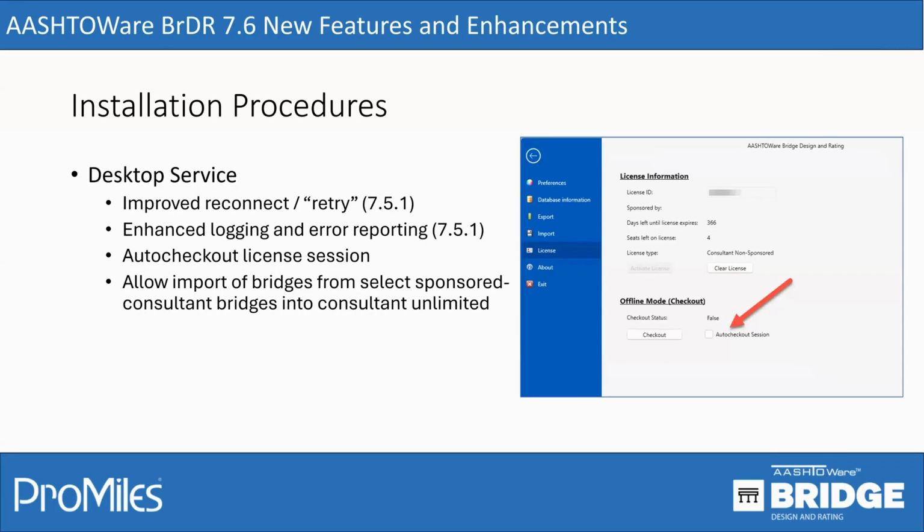We also have some improvements to the desktop license service. This service was implemented, I believe, for version 7.5, and we already have some improvements done for 7.5.1. We also introduced an auto checkout session option.